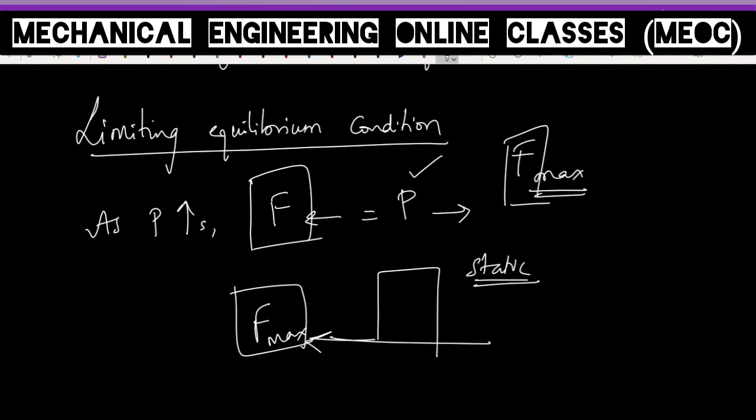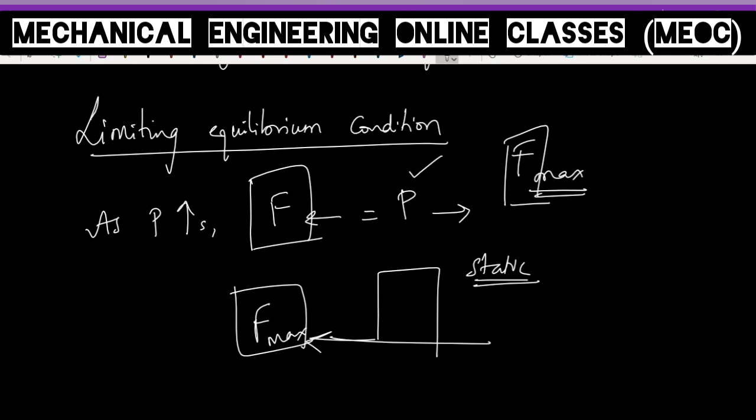Until F max is reached, the object is in static condition. That is static friction. Once P is greater than F max, the maximum possible static friction, a motion takes place.